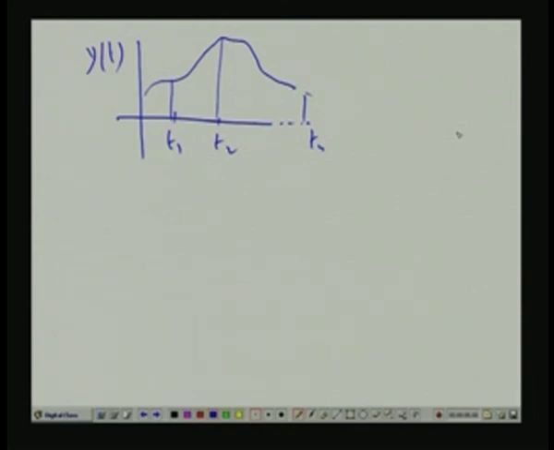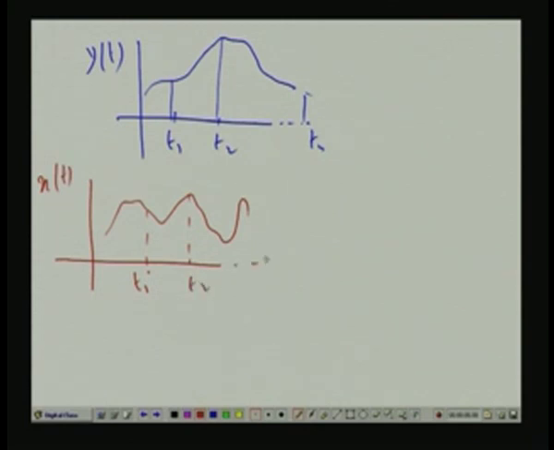We will check, suppose it is given that the input is strict sense stationary, that is x(t) is SSS.